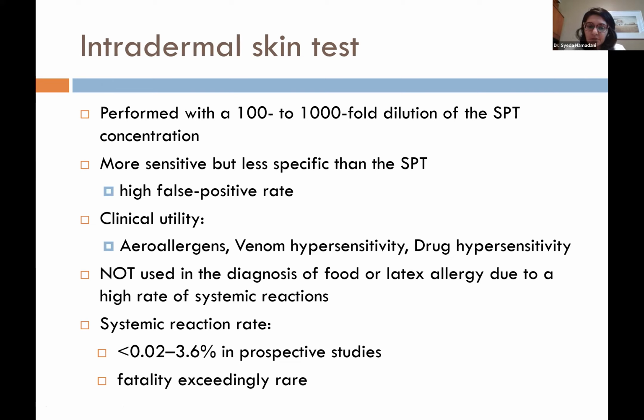Systemic reactions are uncommon, but as you can see, they do happen, and it's anywhere between less than 0.02 to 3.6%, but fatality is exceedingly rare. So whenever I'm educating patients on what type of testing we're doing, and if it happens to be skin testing, I always preface before doing testing to say, hey, this is how the testing is going to go.